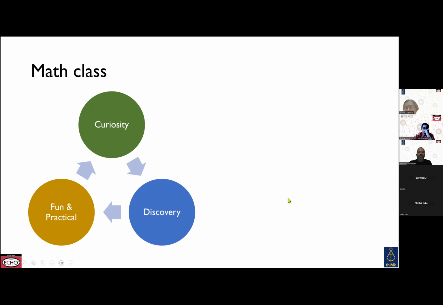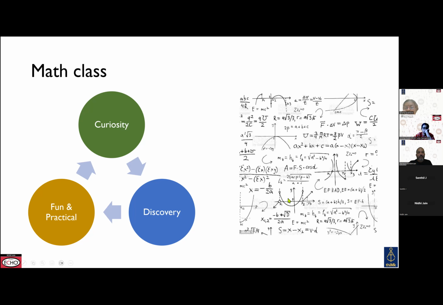However, if a math class looks anything like this, it is very, very likely that this math class is not going to be accepted by the students who have not come in saying that I want to learn algebra. They've just come into a class. We think they need to learn algebra. That's very different from the machine learning example I took, where I wanted to learn machine learning and I went and picked it up from the internet.